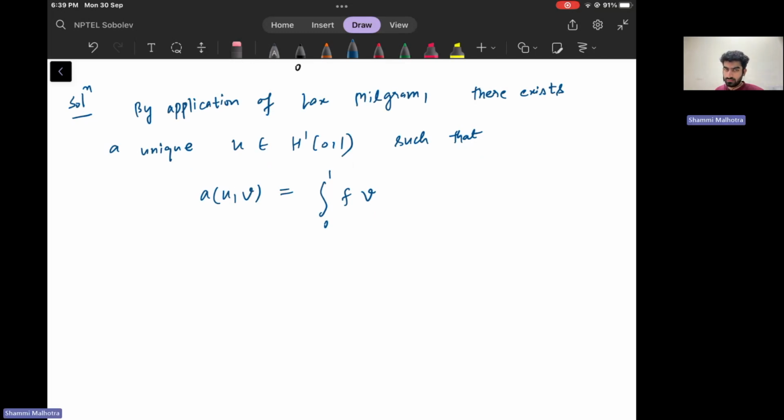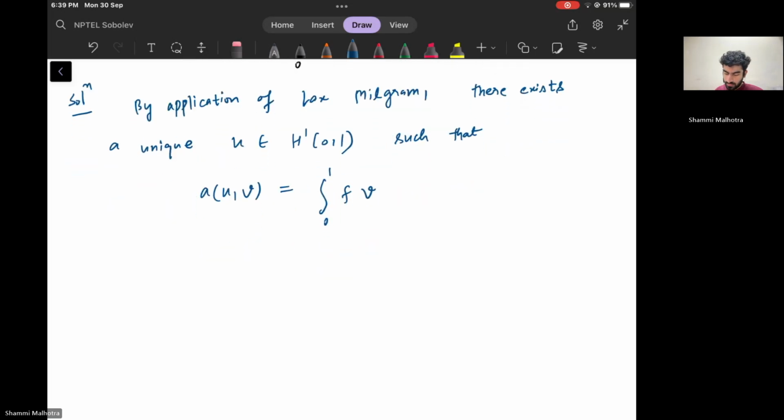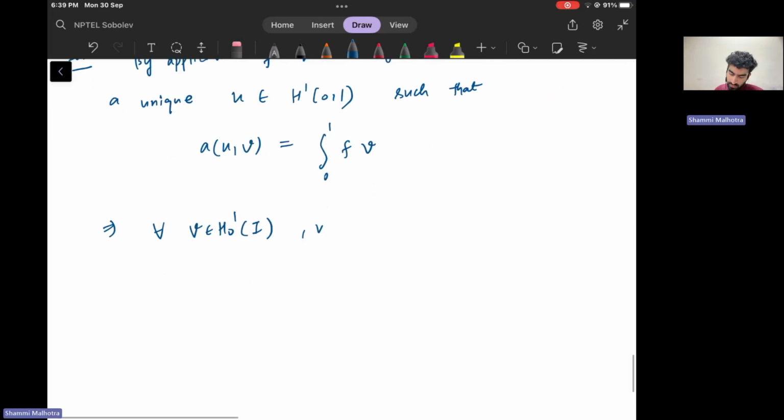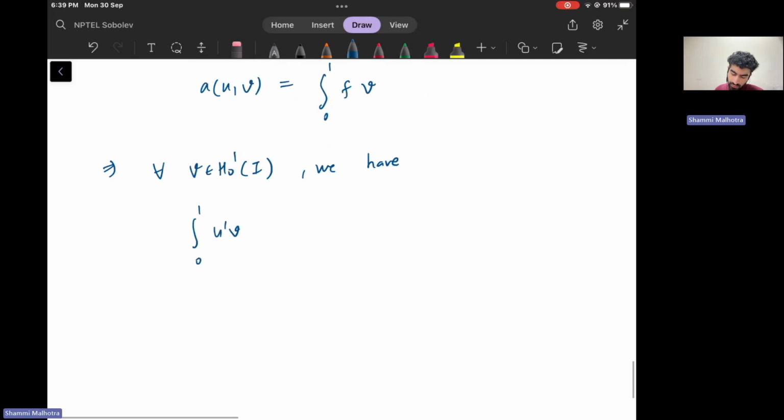So we have the existence, but the next thing we would like to prove is that u has to actually lie in H2 as well. So in fact, what do we have? A(u, v) holds for all v in H^1_0, at which point the u(1), u(0) terms will vanish. We have the integration from 0 to 1 of u' v' plus the integration from 0 to 1 of u v equals the integration from 0 to 1 of f v.